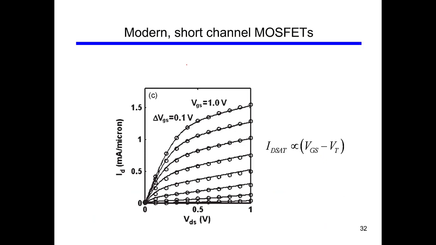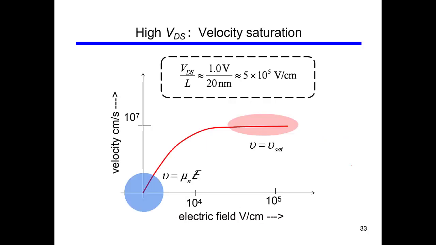And on this slide we have the ID versus VDS curve for a short channel modern MOSFET. You see that the current does not saturate, and in this region the ID saturation is basically VGS minus VT.